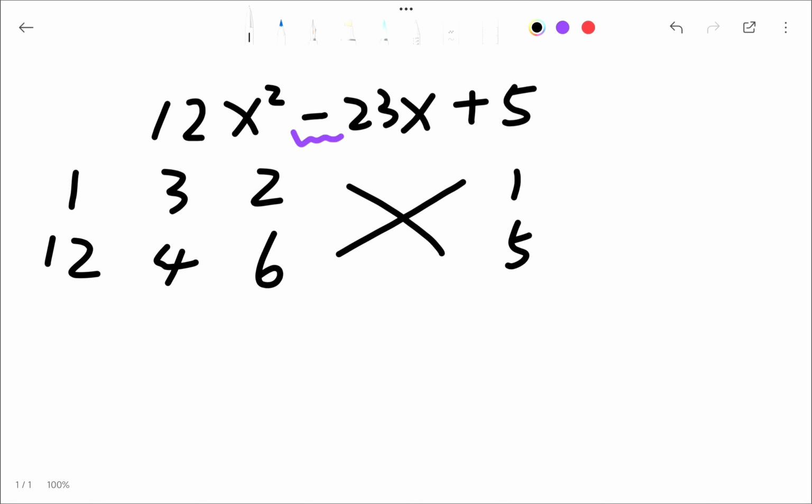So how can we guarantee the sum is going to be a negative number? The only way to do that is to make sure the factors of 5 are two negative numbers. When two negative numbers multiply together, it will still give us a positive number. So let's take a look at 1 and 12.